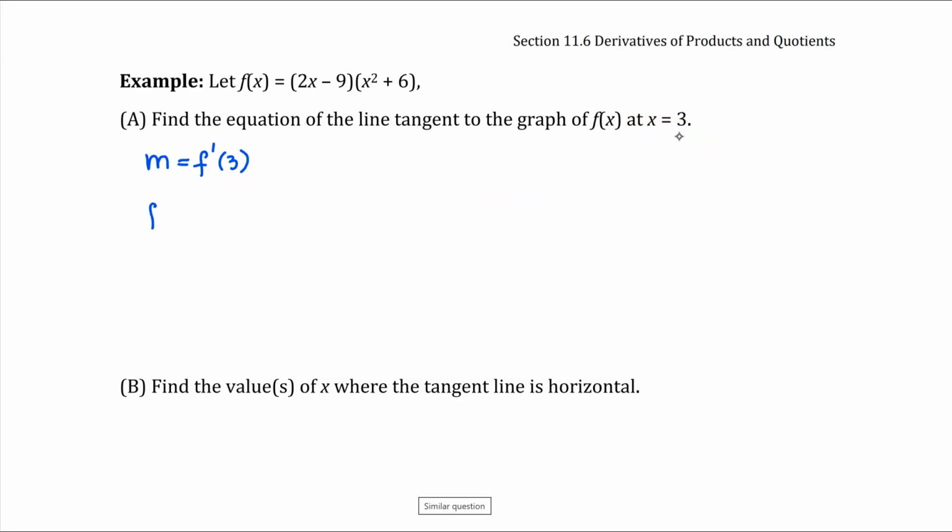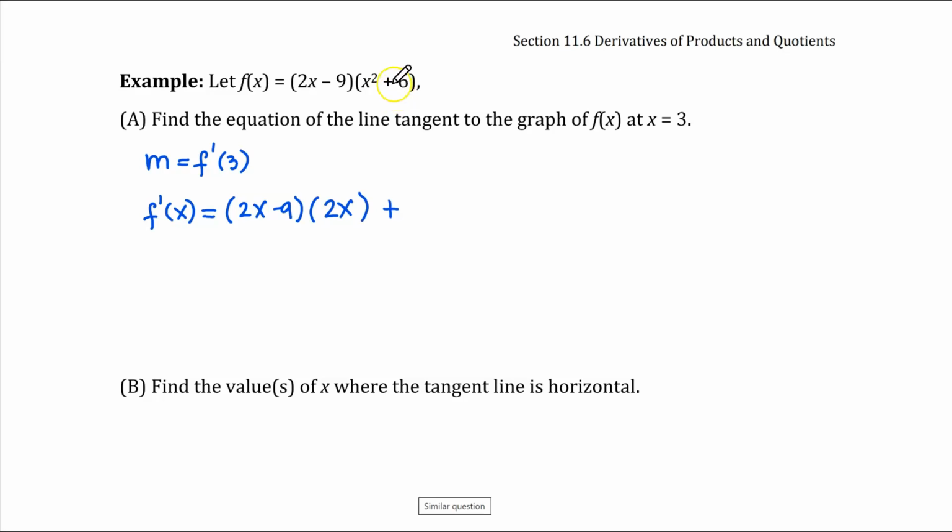So f prime of x, using the product rule, is equal to, copy the first, 2x minus 9, times the derivative of the second. Derivative of x squared is 2x, and the derivative of 6 is 0.